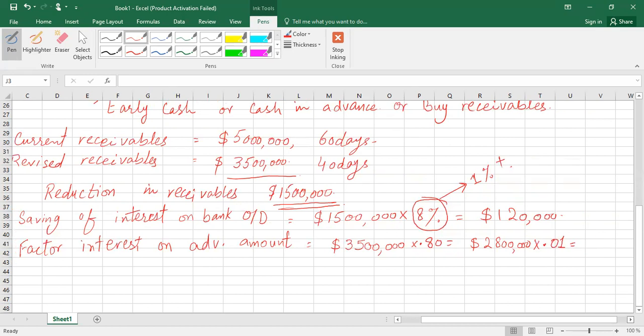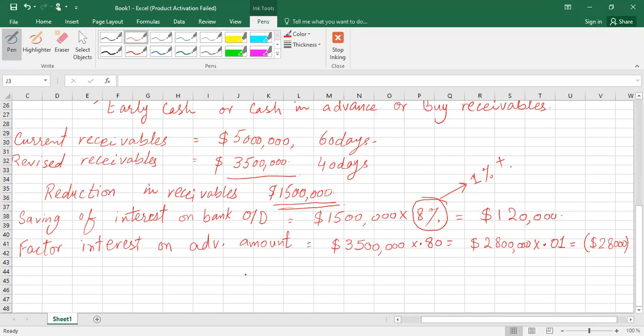So the only additional cost due to factor is just 1%, not the whole 9%. So interest on the advance is 28,000.